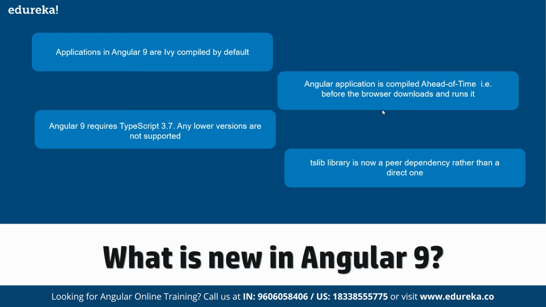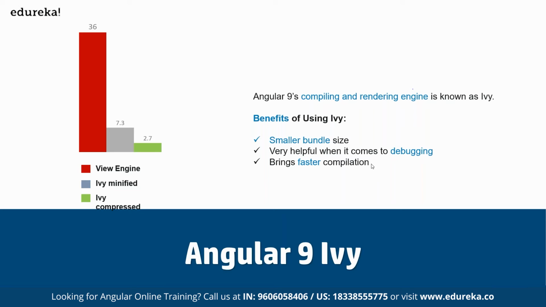Now if we talk about Angular 8 Ivy, the view engine, the Ivy minified and Ivy compressed, then Angular 9's compiling and rendering engine is referred to as Ivy. Once the entire application is completed, the rendering engine used by Angular is what Ivy is.